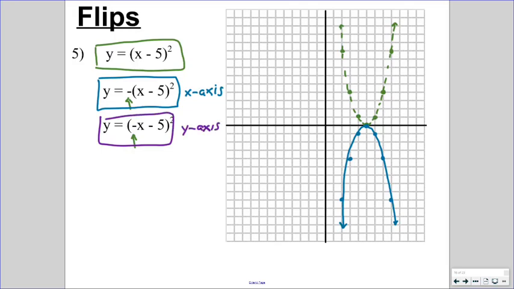Okay, in the next case, we've got x being transformed. So we're taking x, we're making it negative x. That means that we're flipping the green function over the y-axis this time. So I'm going to take all of those points from that original green function, we're going to flip them over the y-axis. So the x values become negative here. The y values stay the same.